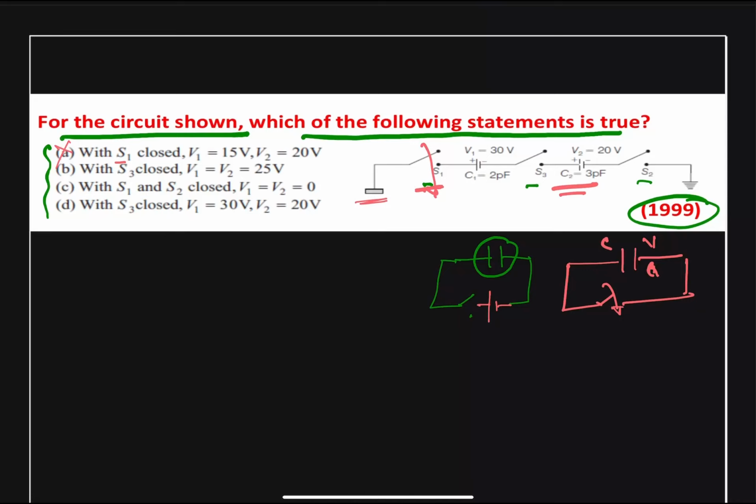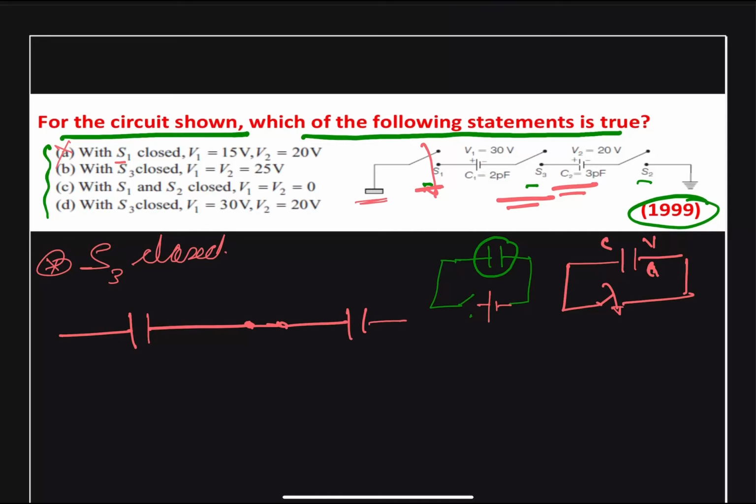And next is when S3 is closed, it says that V1 is equal to V2 is equal to 25 volt. In this case, we can discuss this specifically. It says that when S3 is closed, we have two capacitors, and this is a switch S3, and these two capacitors are connected in series.